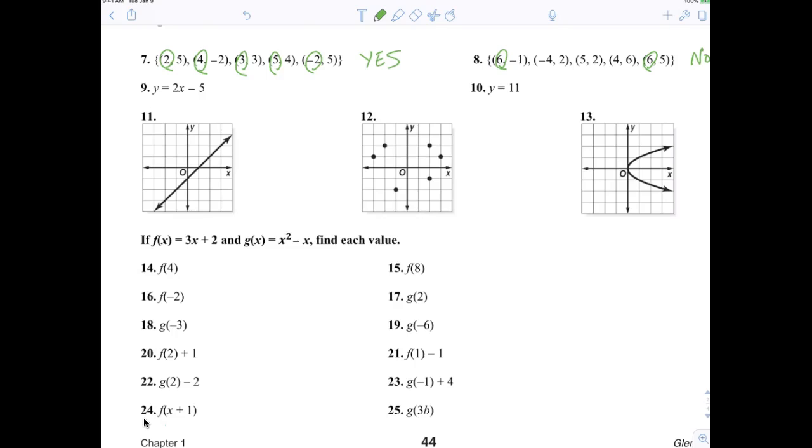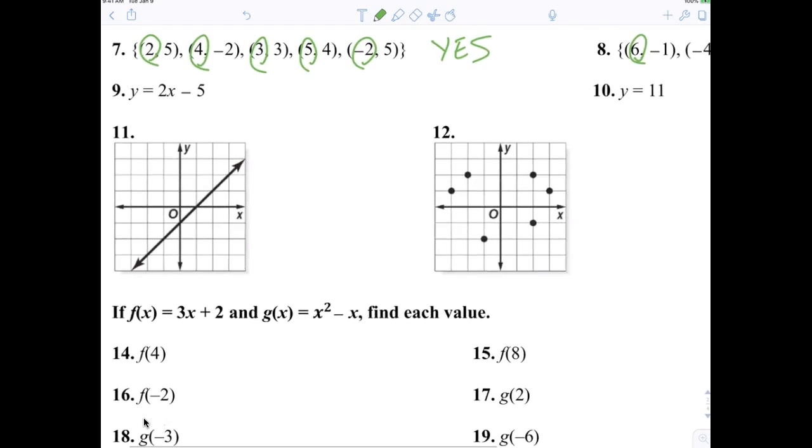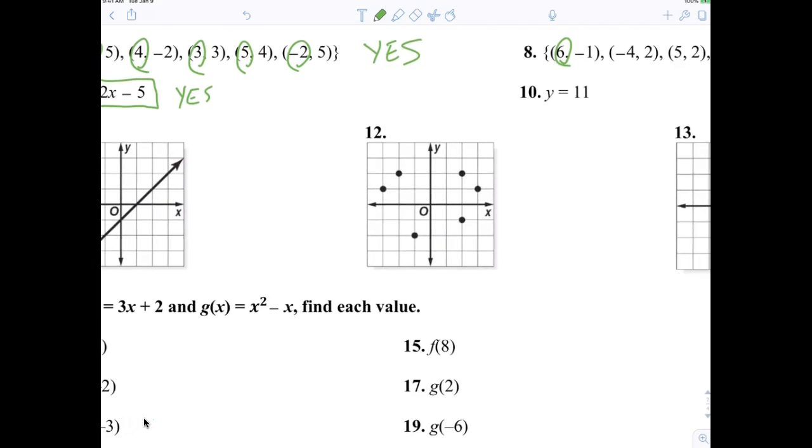But I will tell you that the 9 right here is a yes. The equation of a line is a function. So number 10 is also a line. So that's going to be what? Yes.